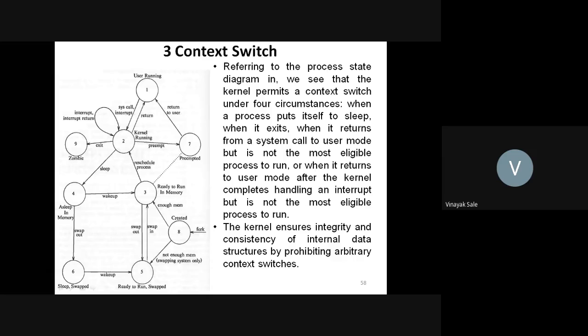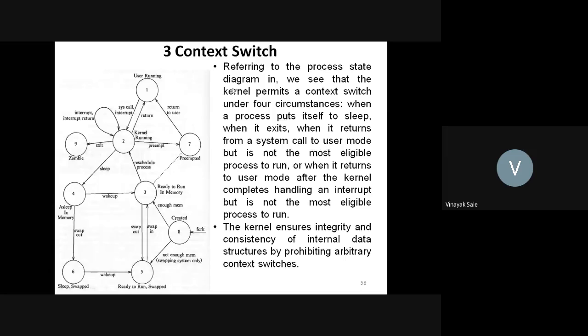Referring to this process state transition diagram, we see that the kernel permits a context switch under four circumstances. That is, when a process puts itself to sleep, that is from the second state, the kernel running mode. See in this figure, the first circumstance, the process goes to sleep mode by itself, that is go to the fourth step.